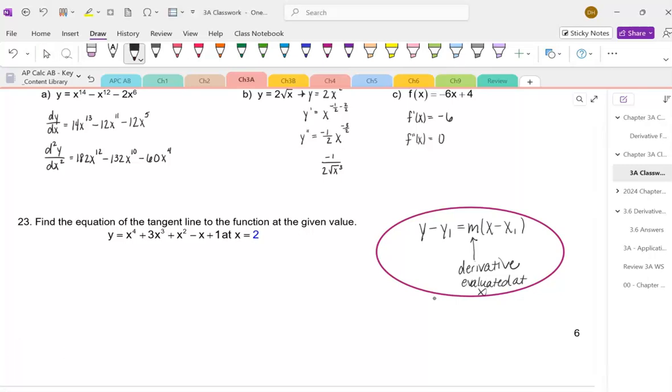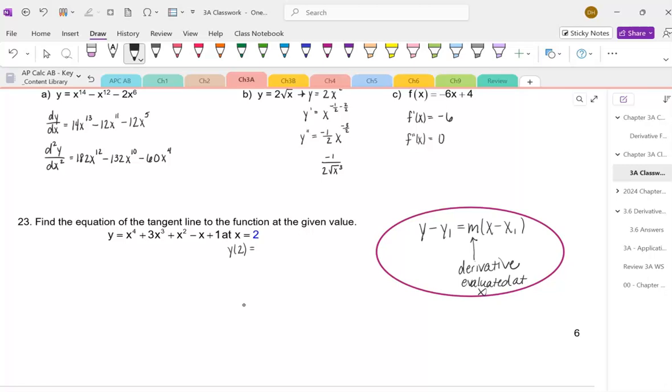So for this problem, we've got the function called y, and it's a quartic, and we're going to find the equation of the line tangent to the function at x equals 2. We don't have y, so we can go ahead and figure out what y is by inputting the 2.